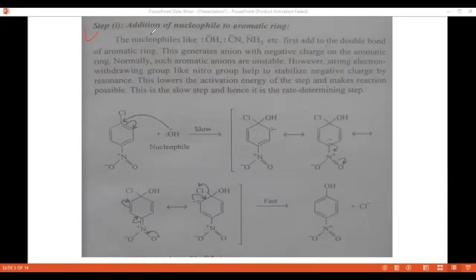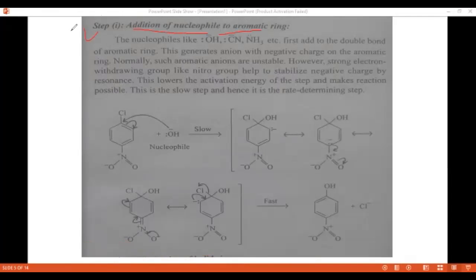In step 1, addition of the nucleophile to the aromatic ring, and in step 2, elimination of the halide ion.